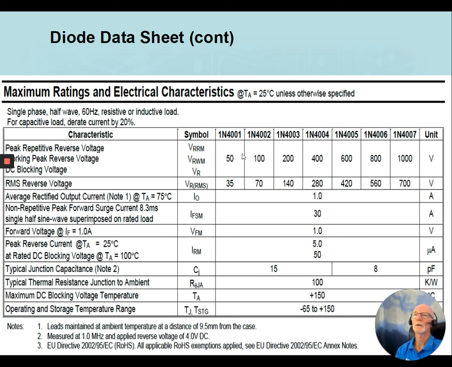But if we wanted to use a diode on mains voltage, on 240 volts, or up to 400 volts peak, we would definitely want to be using a 4005 to 4007, somewhere around one of those 3 diodes, because it can handle the reverse voltage. Whereas if it's a low voltage, we can use these ones. However, we could use a 1N4007 on a low voltage circuit. It wouldn't make any difference, because the other characteristics are the same.